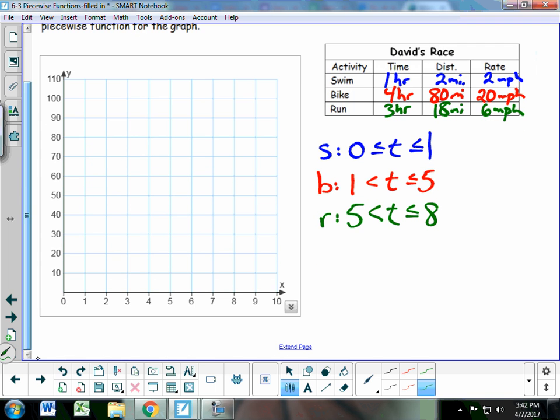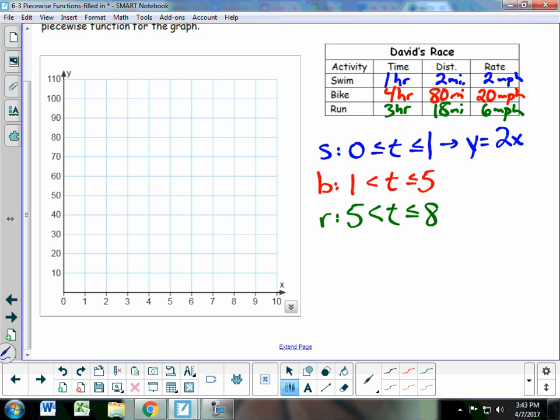So now writing the equation here. First off with the swimming, let me get the blue out again. For the swimming, this equation is going to be y equals 2x, basically, or d equals 2 times the time, but we'll just do y and x.